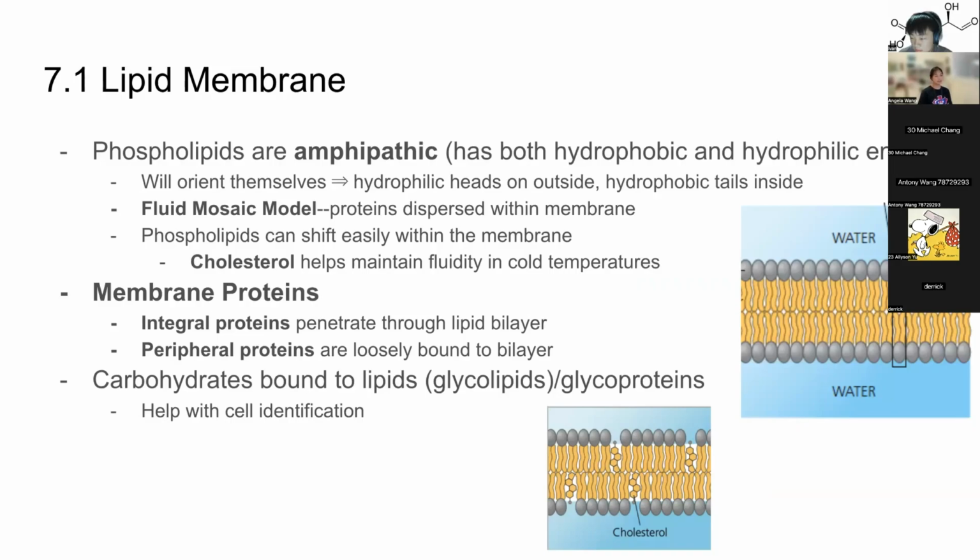Phospholipids can shift easily within the membrane, and cholesterol, which we talked about as another type of lipid, helps maintain fluidity in cold temperatures. So membrane proteins, there are two types. One is integral proteins, which penetrate through the lipid bilayer. These integral proteins often have both a hydrophilic portion and a hydrophobic portion, and the hydrophobic portion is usually the part that is directly touching the phospholipids.